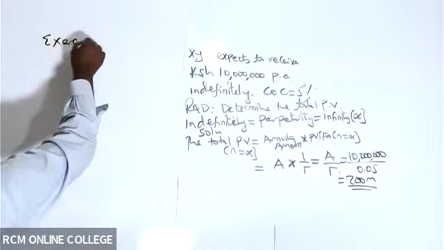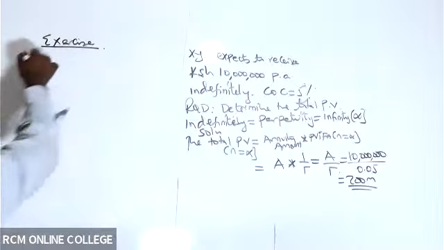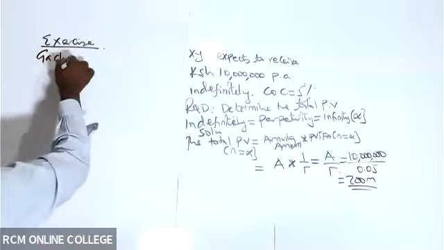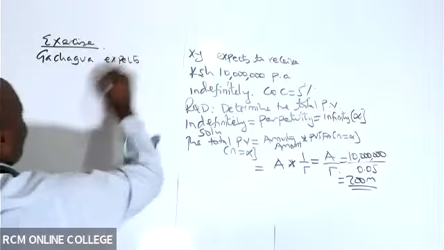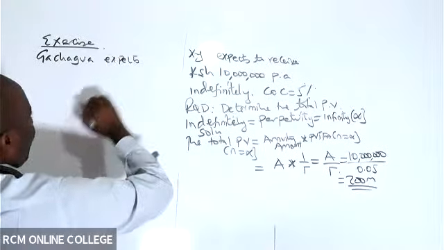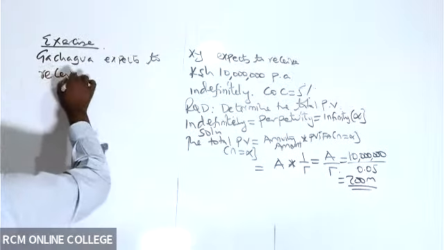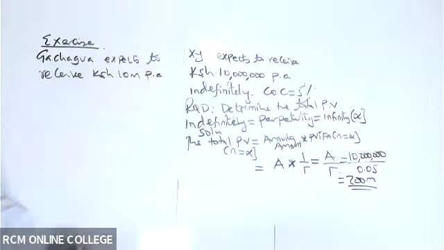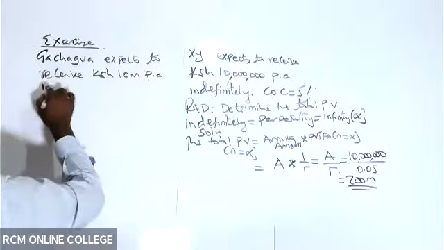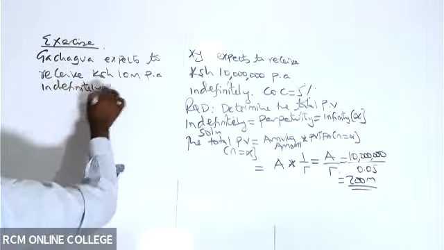In this exercise, we have a gentleman, an investor and shareholder, who expects to receive Kenya shillings 10 million per annum indefinitely.